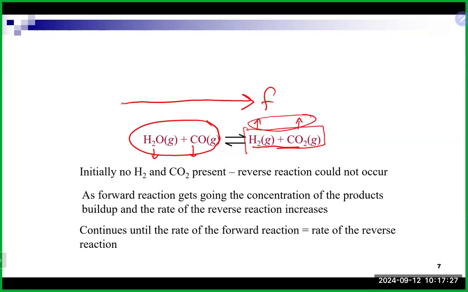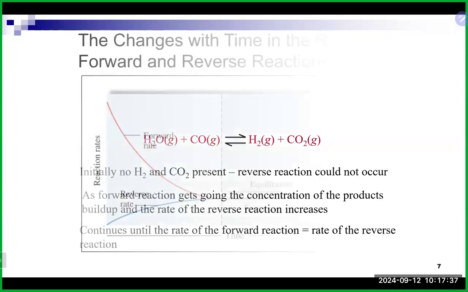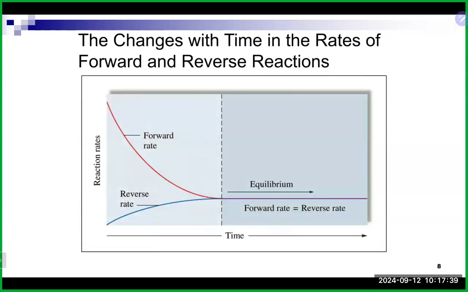By the time the products reach a sufficient amount, the reverse reaction starts to get into place, and they will continue until those rates equal each other and it reaches chemical equilibrium. That is how you can see graphically that a reaction has reached equilibrium: wherever everybody's concentrations plateau out and become a straight line.